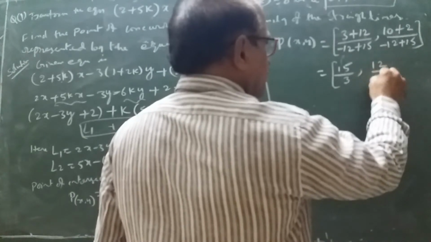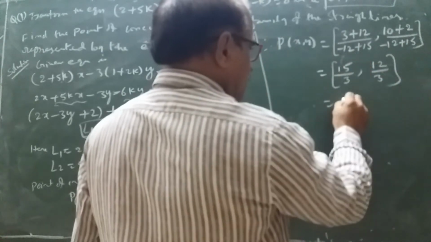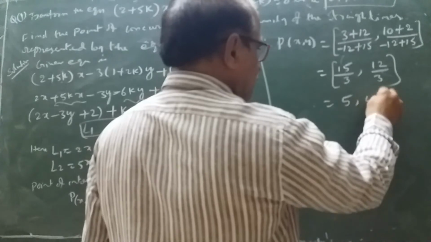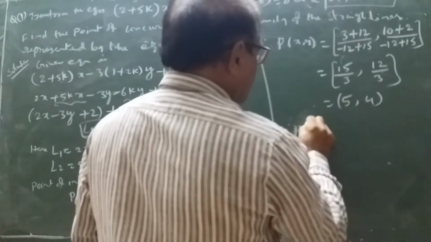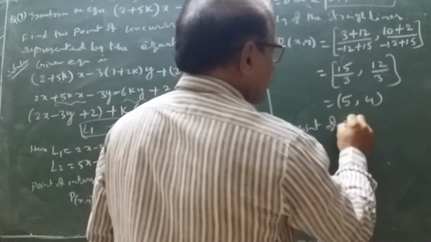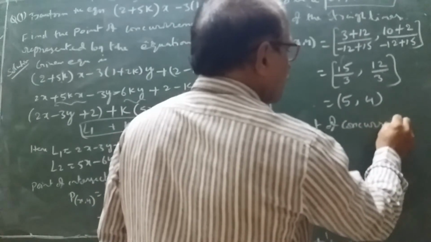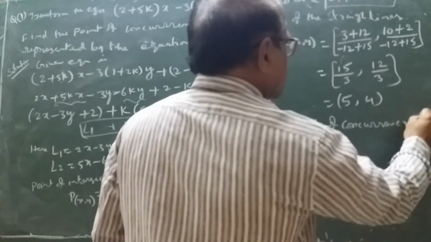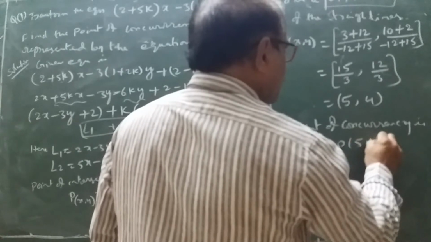On simplification, 5 comma 4. Therefore, point of concurrency is P(5, 4).